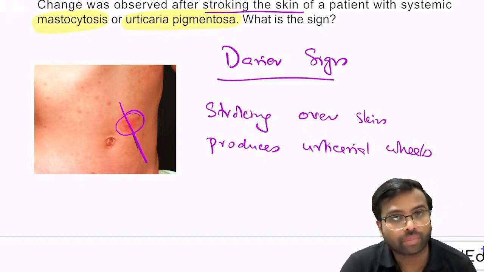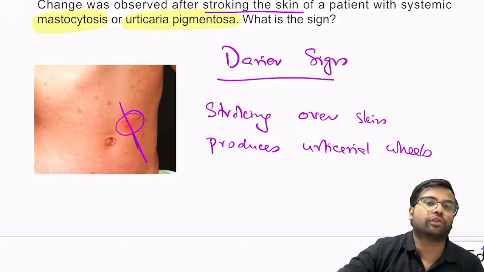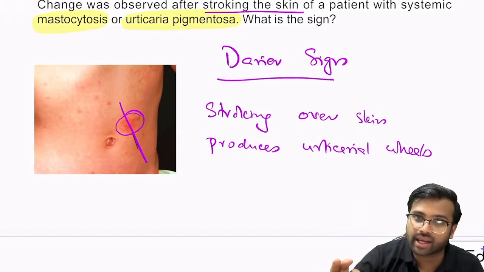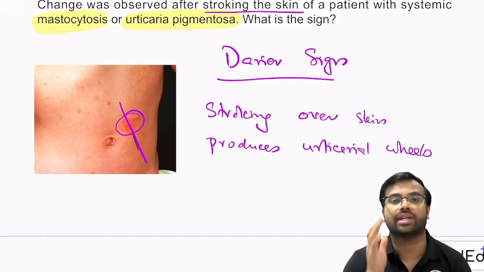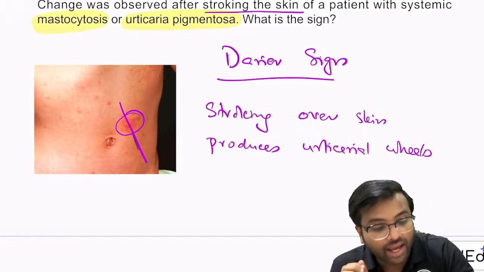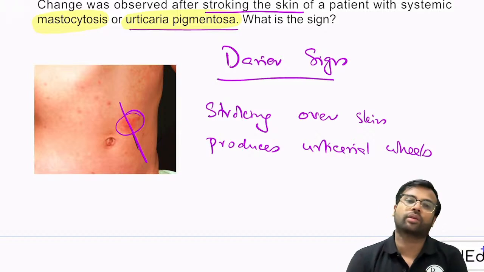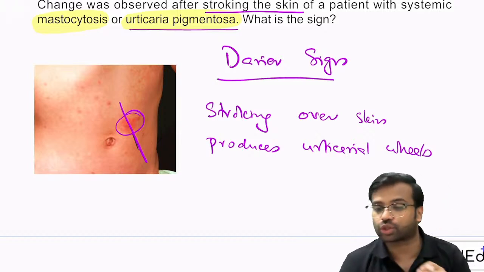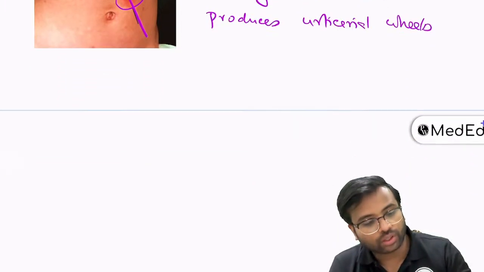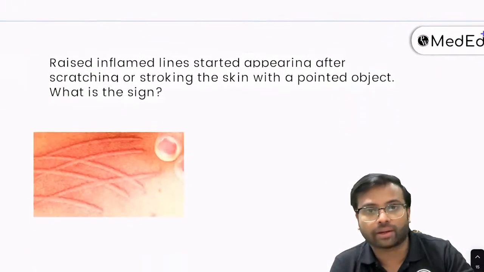So what you will remember is, whenever you see this kind of a reaction, this is called as Darier sign. And in which disease do you see Darier sign? This can be seen in a disease called as urticaria pigmentosa or mastocytosis. Urticaria pigmentosa या फिर mastocytosis. So now let's move to the next sign.